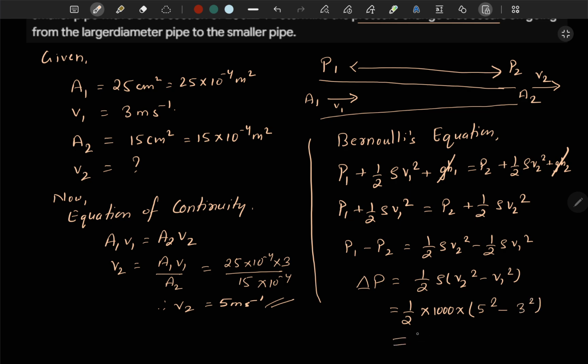So putting all these values and solving, we get change in pressure as 8000 Pascal. So the difference in the pressure of A1 to A2 is 8000 Pascal.